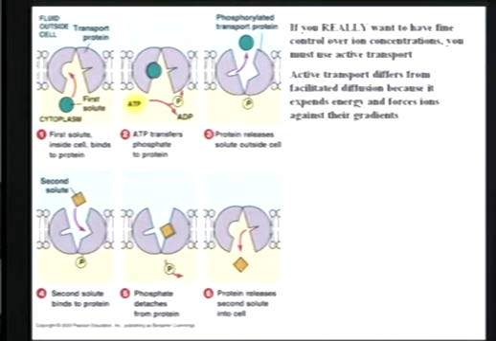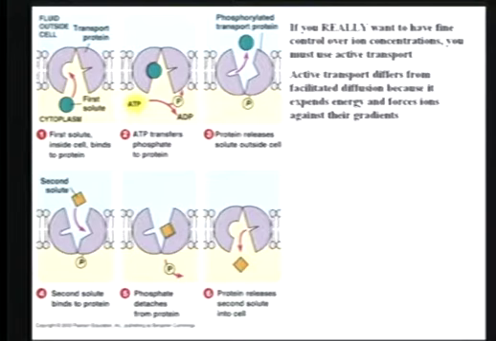ATP will transfer energy to the protein so that it can pump that ion across the bilayer. Remember, when you break a phosphate off of ATP and transfer it to another molecule, you're transferring the energy in that unstable bond. So the phosphate energy is transferred to this protein. That allows it to pump the ion across the bilayer against its gradient.